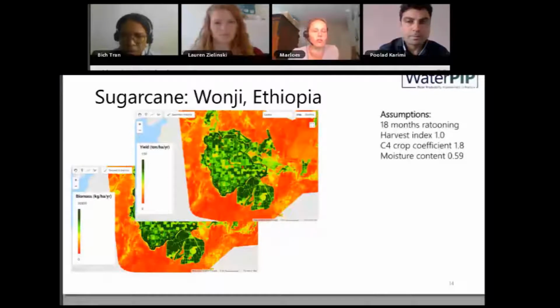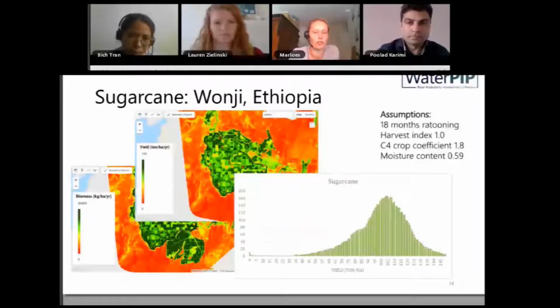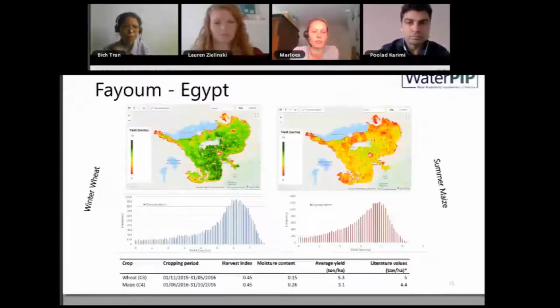So we converted that to yield, and you see on the top right hand the parameters we used for the analysis, and we compared that to the observed yield. Our analysis showed that the average is around 100 ton per hectare, and we also found from the field managers that indeed the yield is on average about 100 ton per hectare. So this is a very good indication that the data layer for the biomass is doing very well.